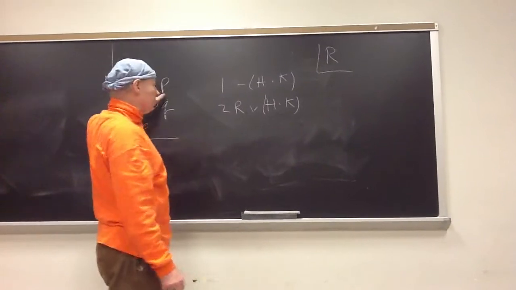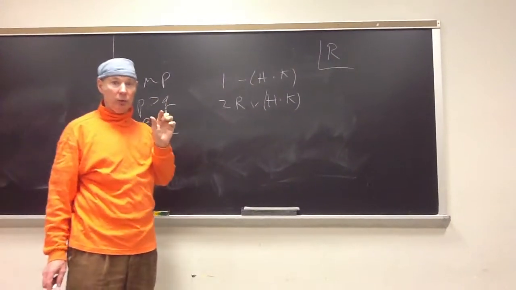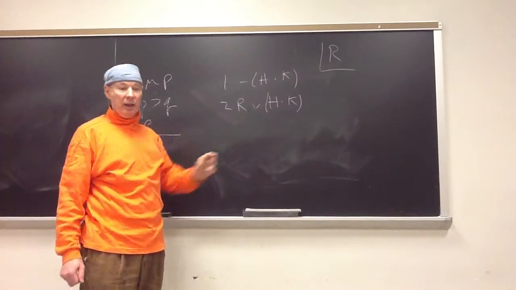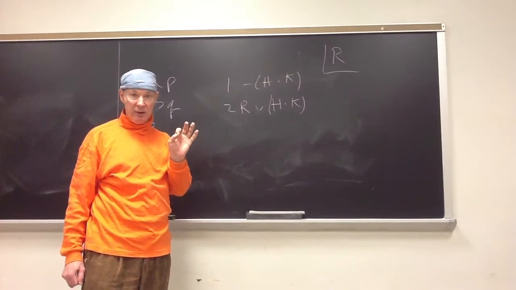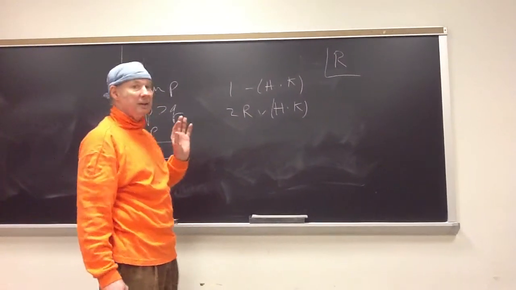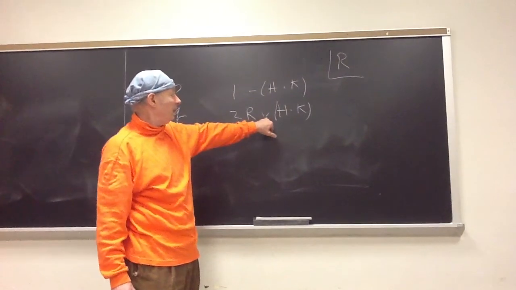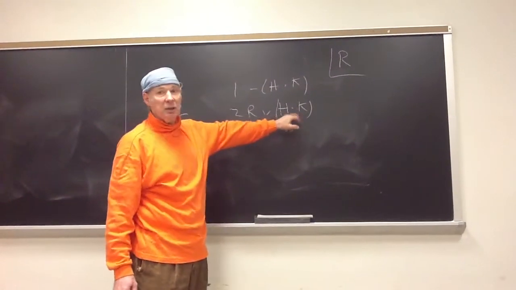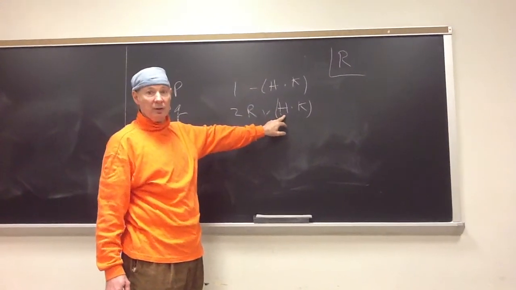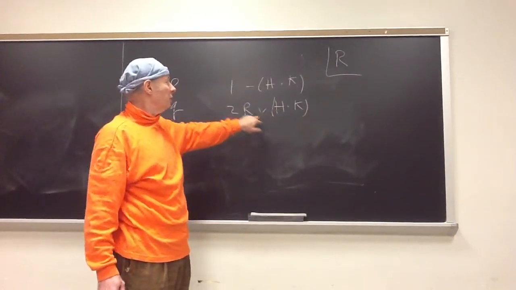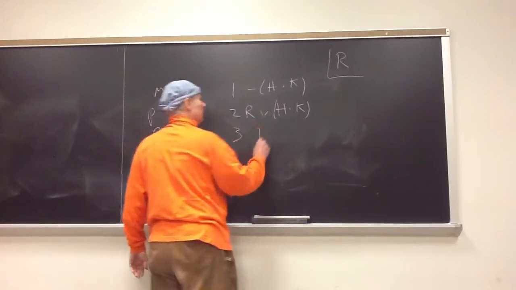So modus ponens is not a rule that'll work. We want a rule that governs the wedge. Now look at your rules. You'll see that DS, disjunctive syllogism, is the wedge rule. And DS says you need 2 things. You need a wedge, R wedge, H dot K, and you need the negation or the opposite of one of the components. And if you have those 2 things, you can infer the other component. So this will be DS.